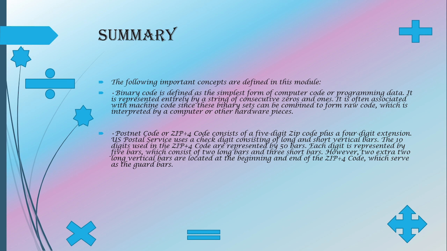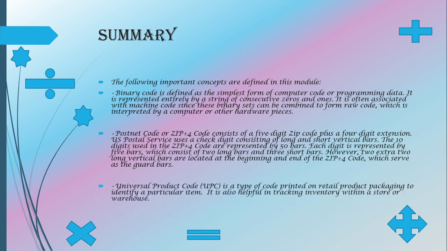Each digit is represented by 5 bars, which consists of 2 long bars and 3 short bars. However, 2 extra long vertical bars are located at the beginning and end of the zip+4 code, which serve as the guard bars.